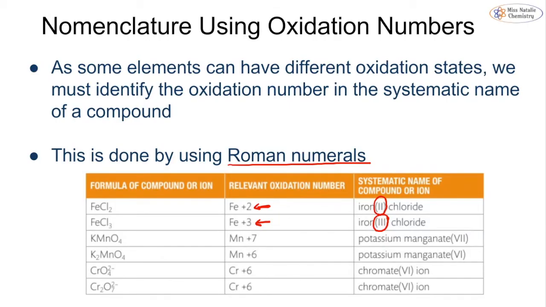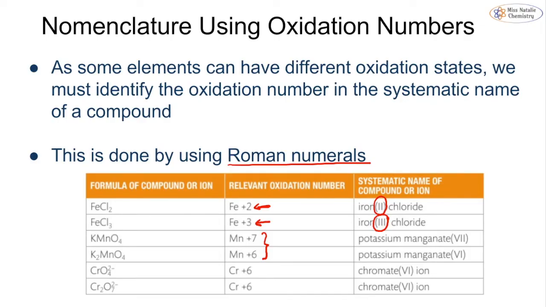If we look at KMnO4 and K2MnO4, again we're getting different oxidation numbers for the manganese. It can be 7 or 6. So we have to put that into our systematic name: potassium manganate(VII) or potassium manganate(VI). And lastly, the same with the chromate.